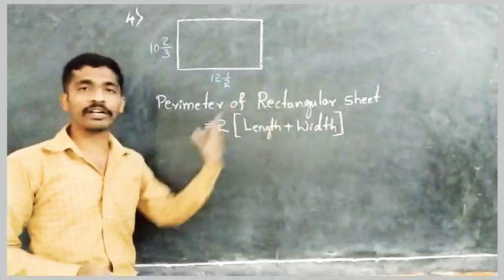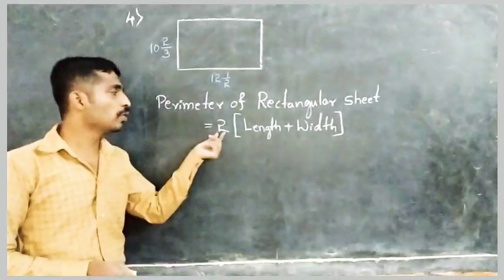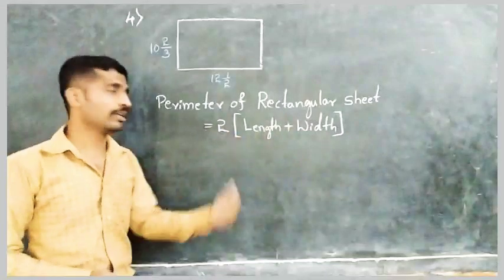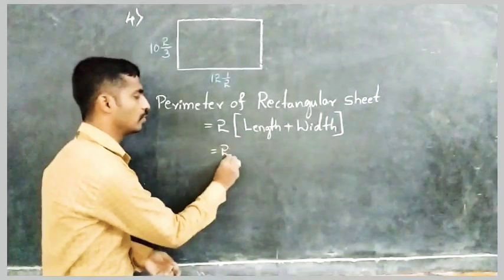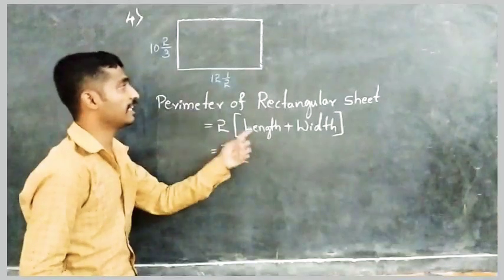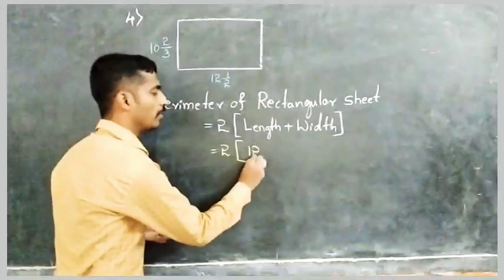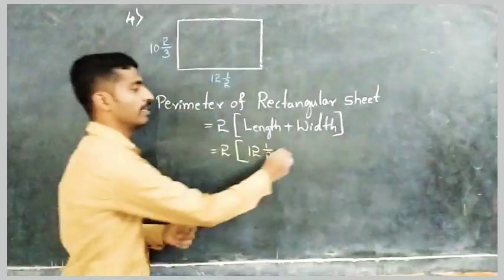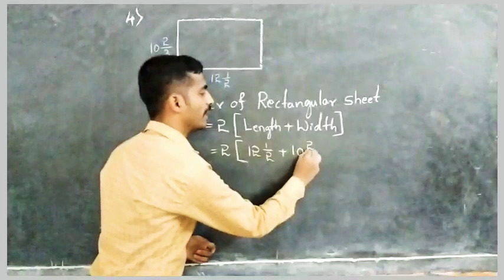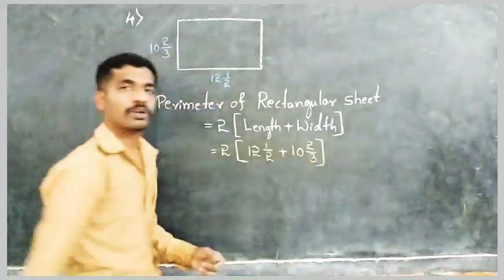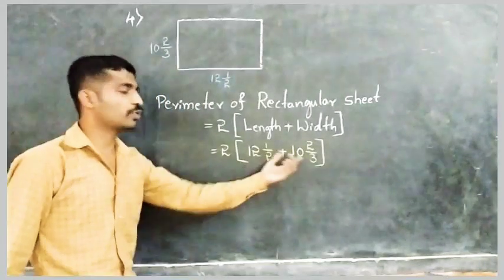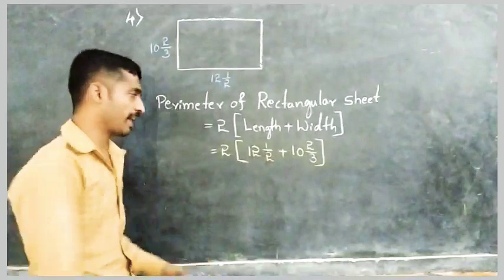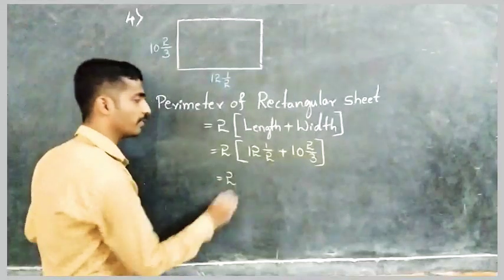For the perimeter of a rectangular sheet, we have one formula, that is 2 into (length plus width). So here 2 of length, 12 integer 1 by 2, plus width, 10 integer 2 by 3. These two are mixed fractions, so try to convert them into improper fractions.